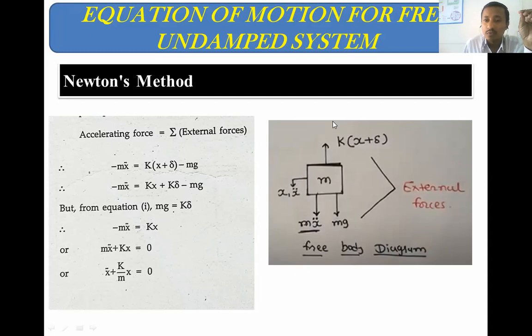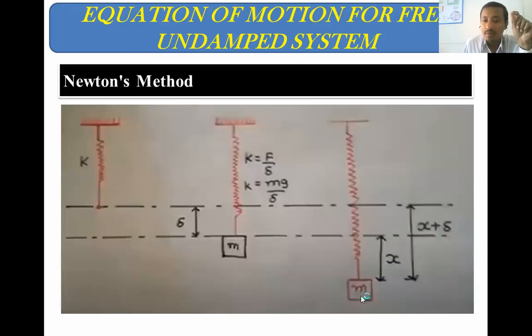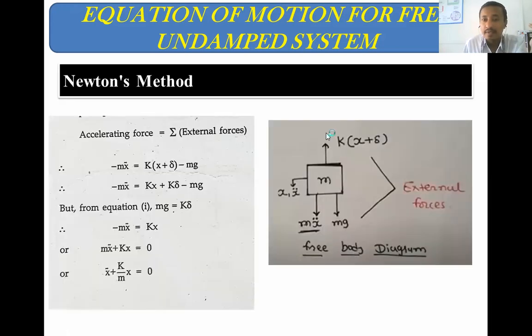Afterwards, the restoring force, that is k. When the mass comes down, after that it will go up, and that is called the restoring force. The restoring force is given by k into x plus delta.